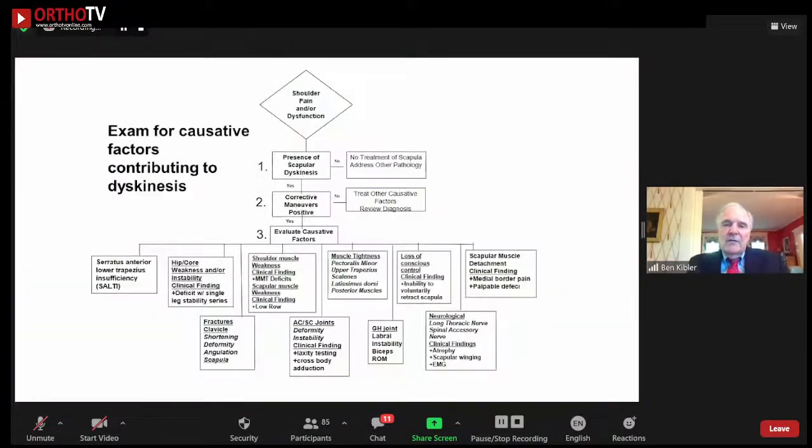Then you have to evaluate the causative factors. You can place these into these boxes, and they all have to do with either the pathoanatomy, some injury, or pathophysiology, where the muscles are not working well.